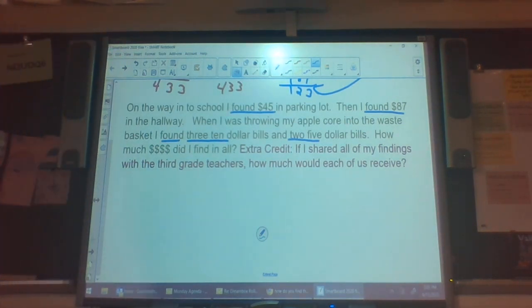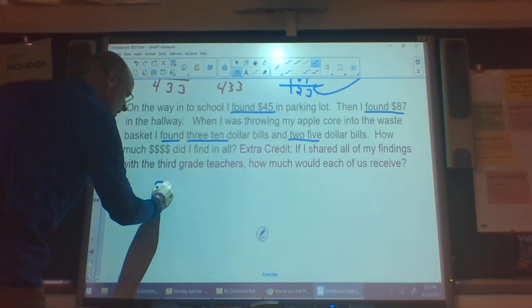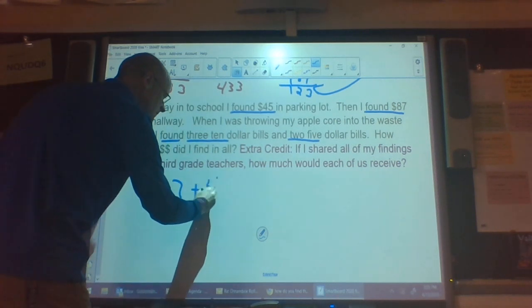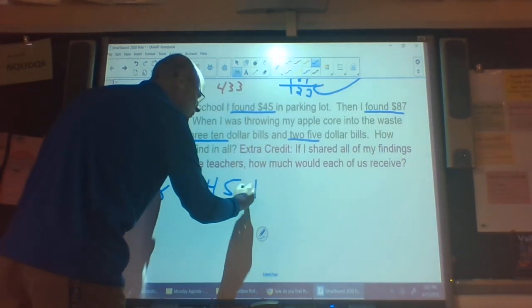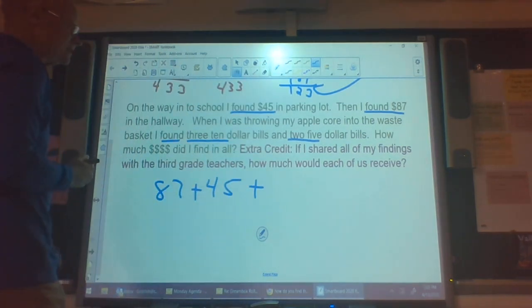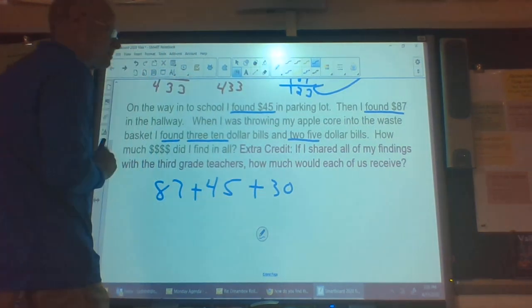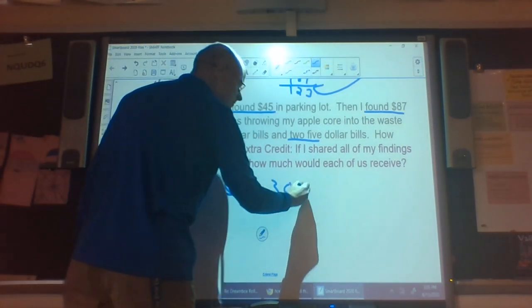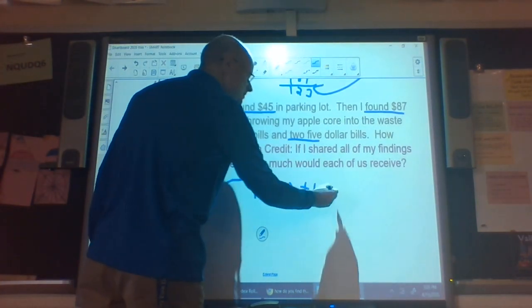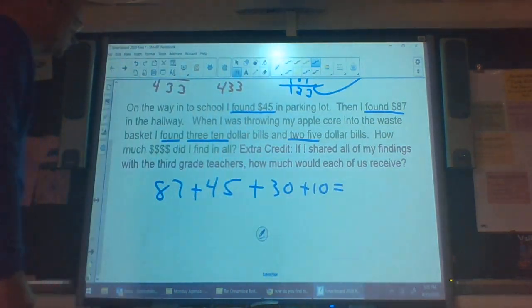How much money did I find total? So this sounds like an addition problem to me. So I have 87 plus 45 plus 3 $10 bills would be $30. 2 $5 bills would be $10. I want to know what that equals.